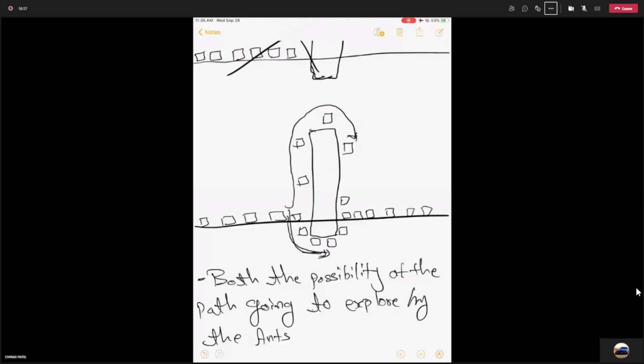One by one, they find out that on this path there is less amount of pheromones, and because this is the shortest path, the evaporation rate is slow. The other path is very long, honestly, and the evaporation is high. Definitely, because the ants communicate using that pheromone, that chemical component, right?